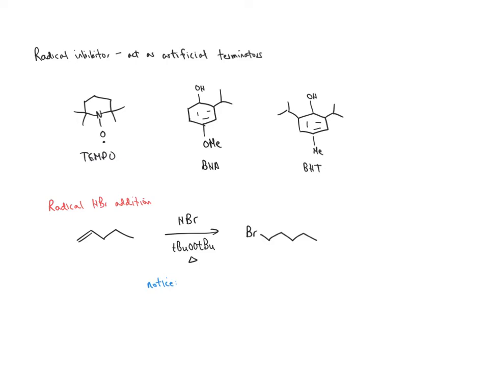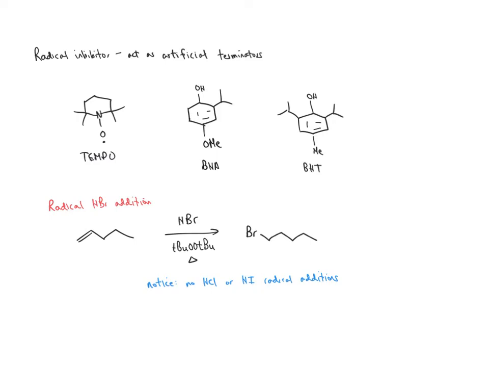And you might ask yourself, well, why can't we do a radical HCl addition or radical HI addition? It turns out that there are no HCl or HI radical additions. And for that, we need to actually look at the chain mechanisms, because you could probably think about writing a mechanism with HCl or HI.